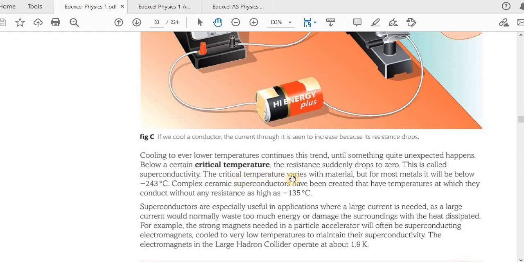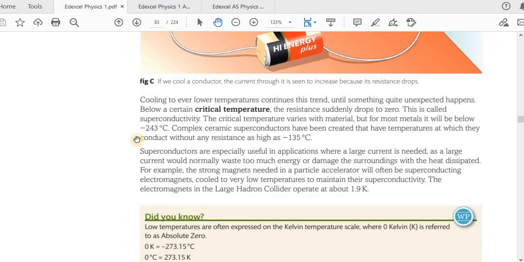The critical temperature varies with material, but for most metals it will be below minus 243 degrees Celsius. Complex ceramic superconductors have been created that conduct without any resistance at temperatures as high as minus 135 degrees Celsius. Now if you look at the number line, this number is more to the left, which means it's much lesser than this number.